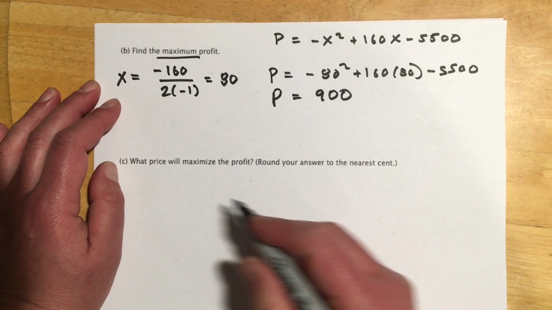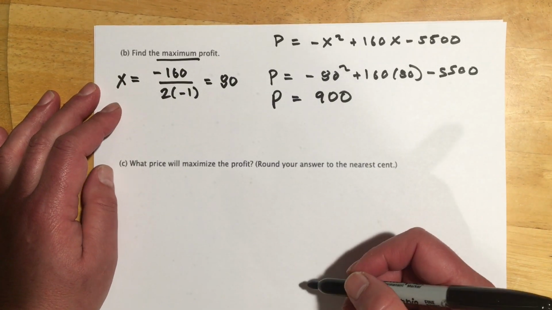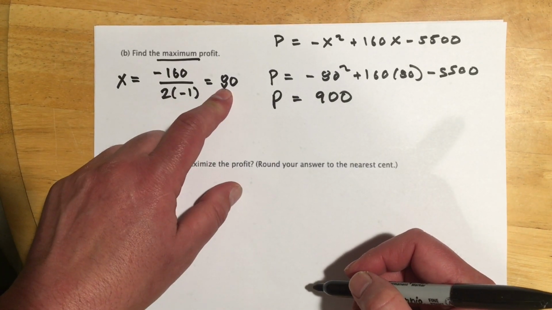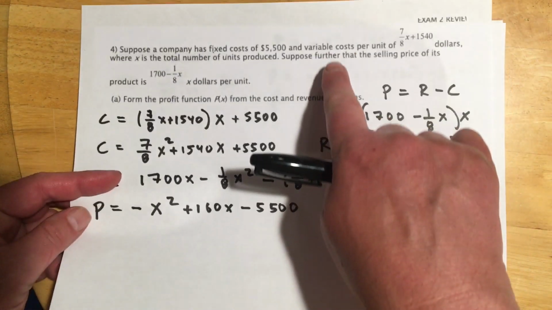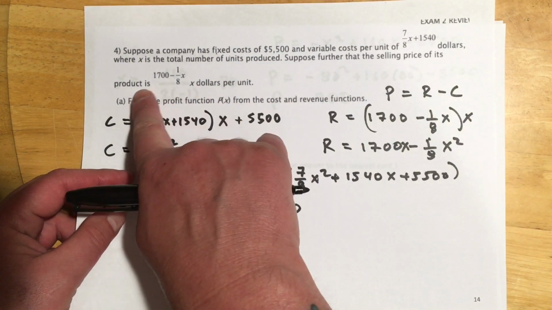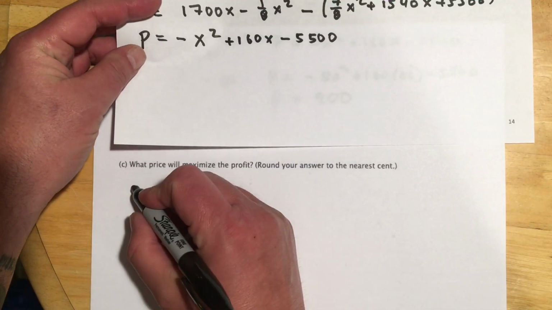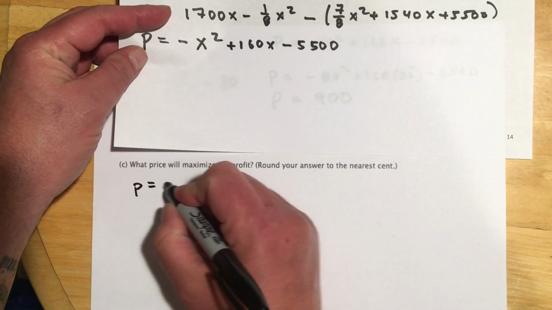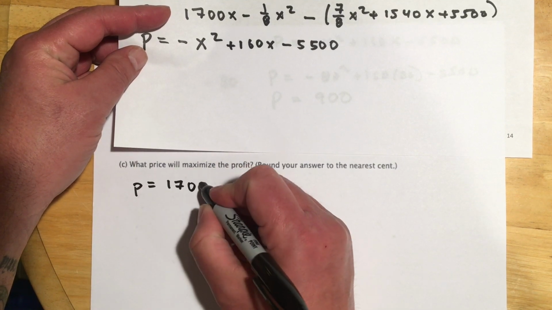And then part C is what price will maximize the profit. Okay, so we know that there were 80 units is the number of units that will maximize it. And then back on this first page, we had further that the selling price of the product is this per unit. So this was our price equation, so I'll just bring that over here. So it's lowercase p for price, not capital P for profit.